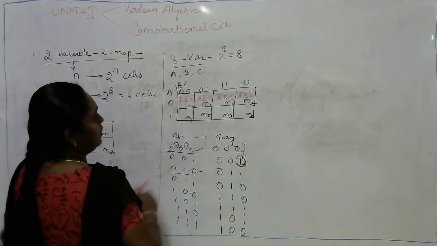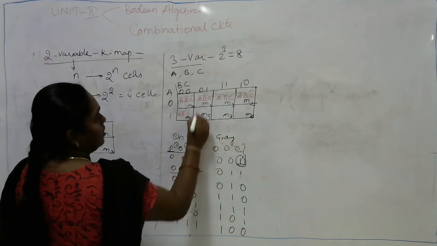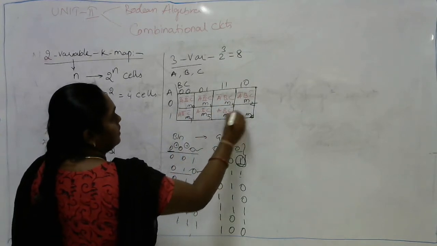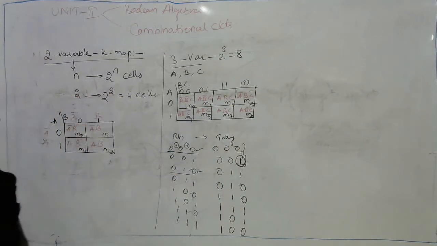In terms of minterms, this is A, B bar, C bar; A, B bar, C; A, B, C; A, B, C bar. This is how to plot a gray code for a 3 variable Boolean expression, or a 3 variable K-map.